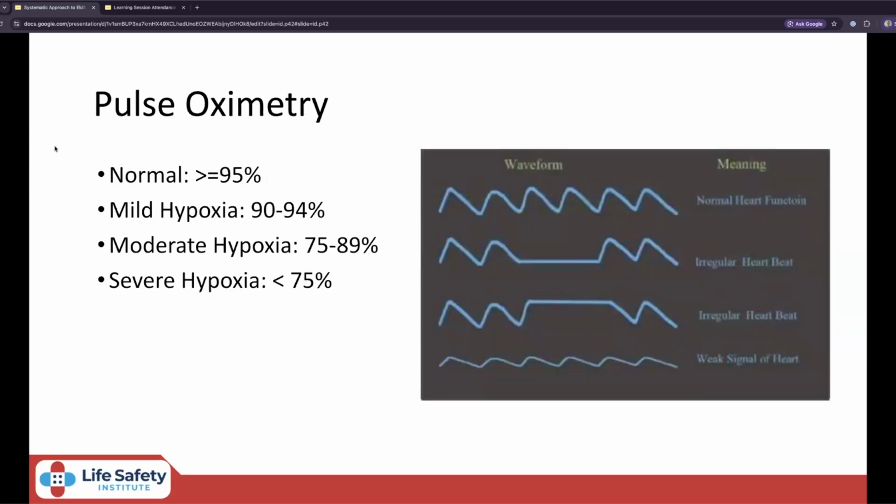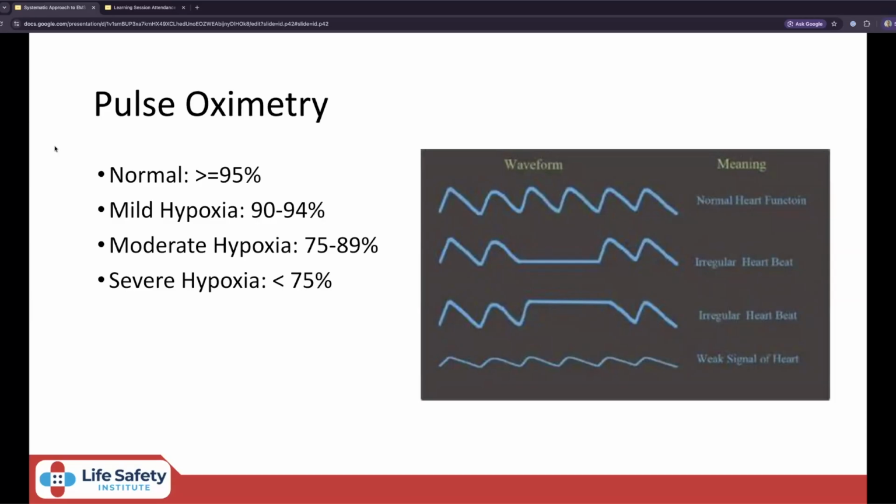Pulse oximetry. This is one of my more favorite slides in this PowerPoint because even people who've been doing this for a while don't always know what we're about to cover here. So the pulse oximetry we talked about during our first lab day. We talked about how the pulse oximeter works, that it does rely on blood flow.